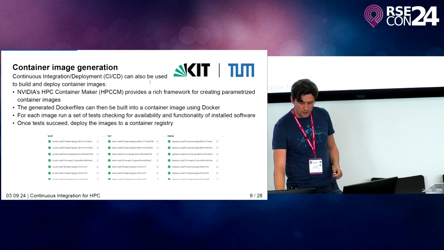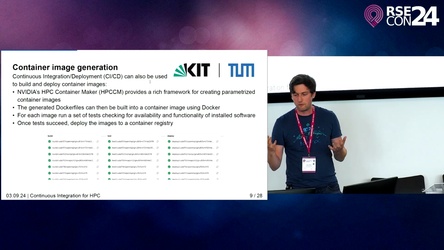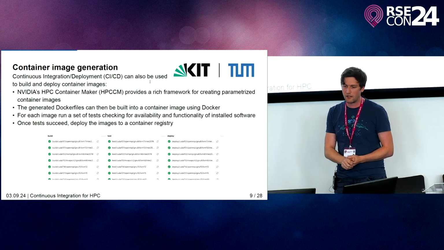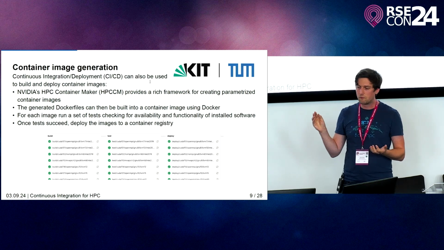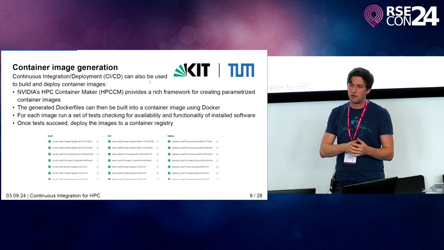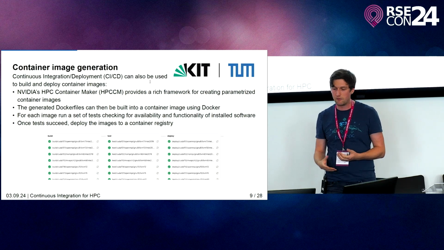So now, how do we actually build these images that we can use inside the containers? The nice thing is that we can also use the same workflows that we use for developing code for creating and deploying those images.